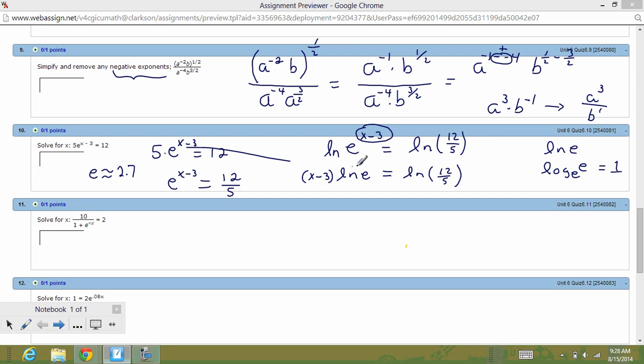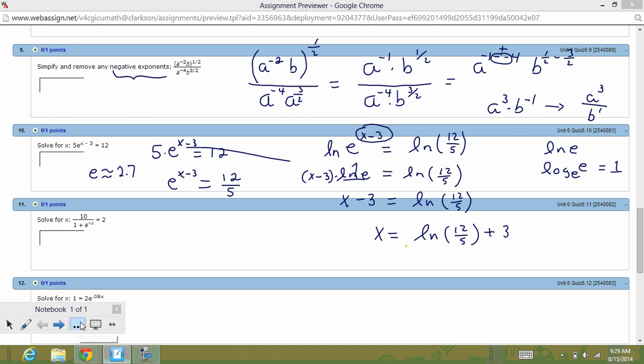So this expression right here is going to go to a 1. All right. So we have x minus 3 equals the natural log of 12/5. And then we'll move the 3 from the left member to the right member and have natural log 12/5 plus 3. So there's our answer for question number 10.